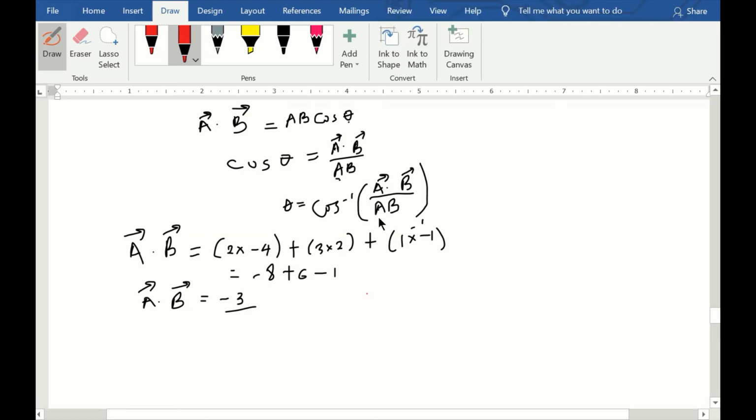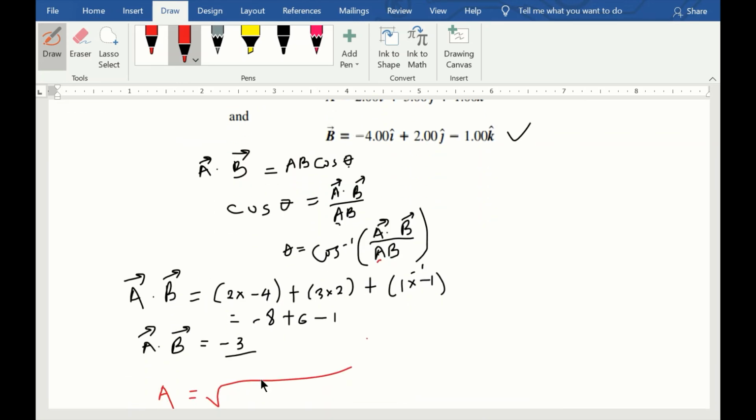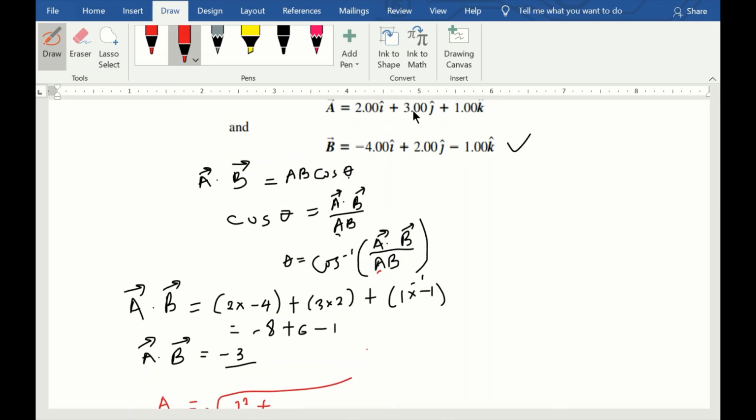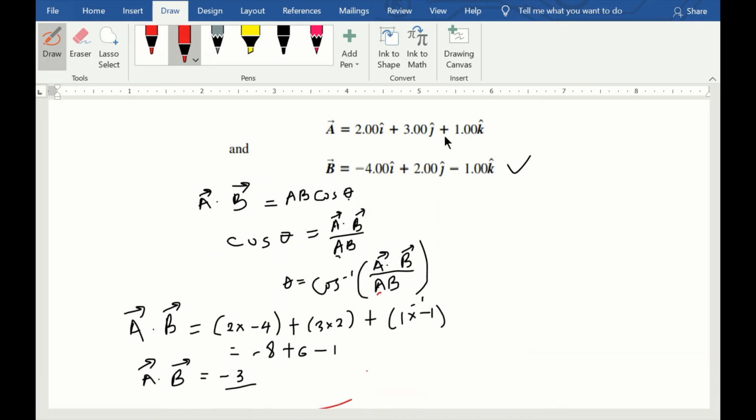So step 2, we find the magnitude of A. The magnitude of A is equal to the square root of 2 squared plus 3 squared plus 1 squared.